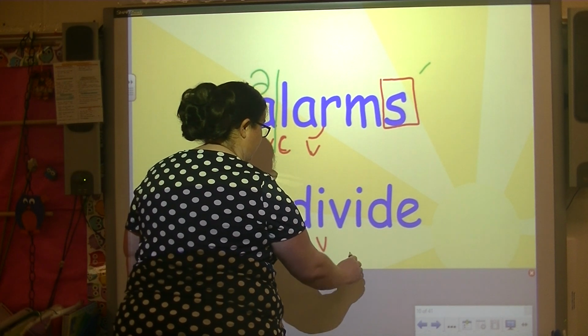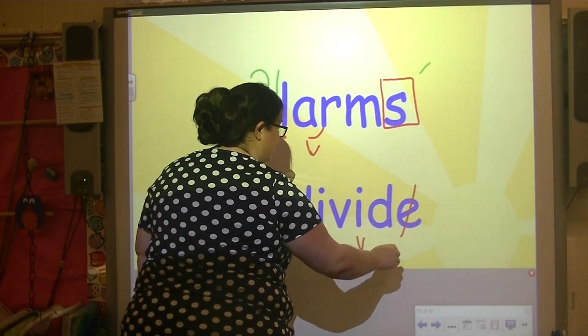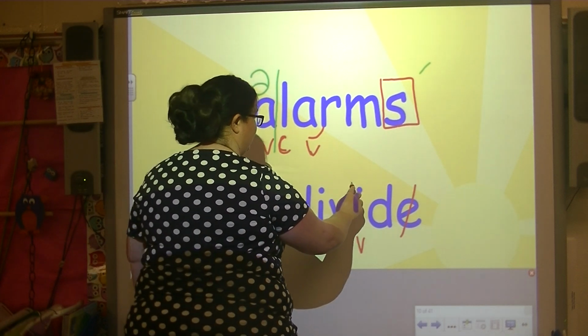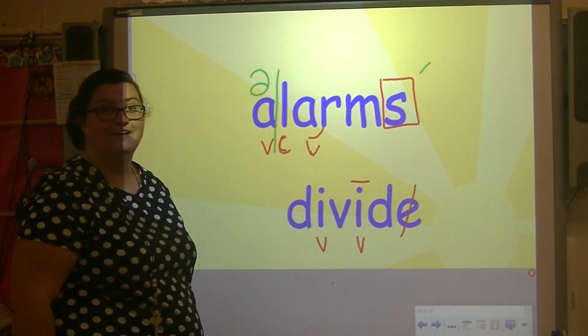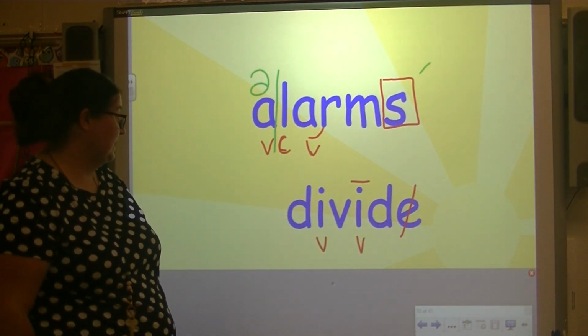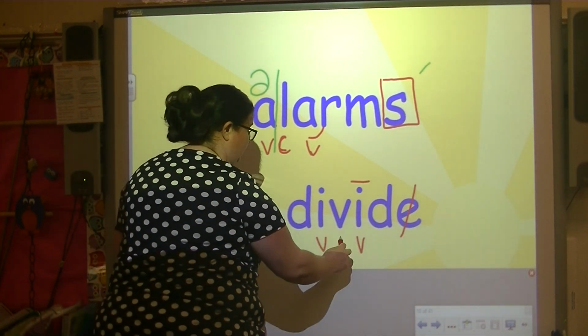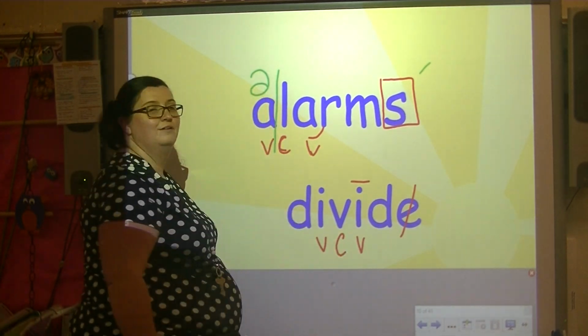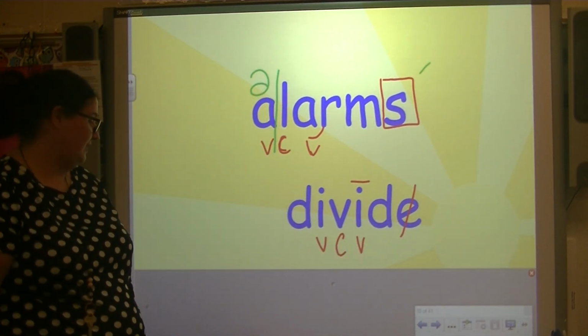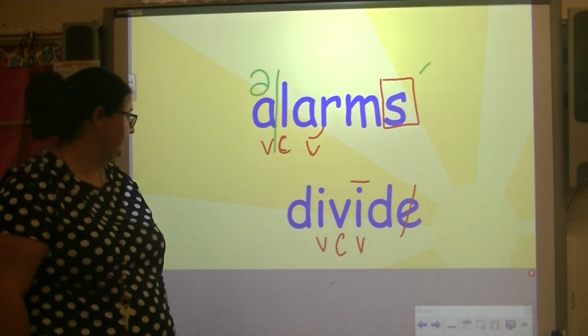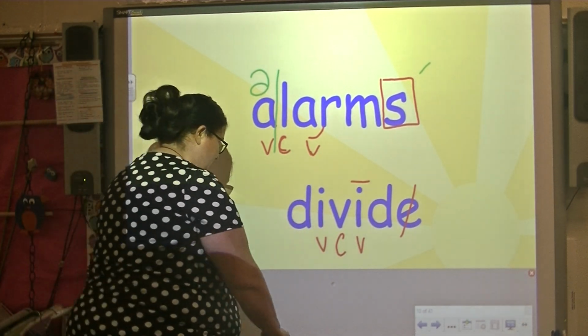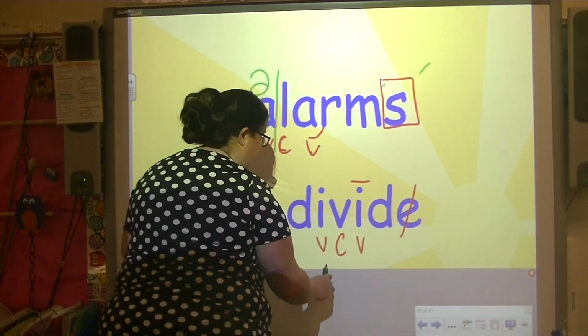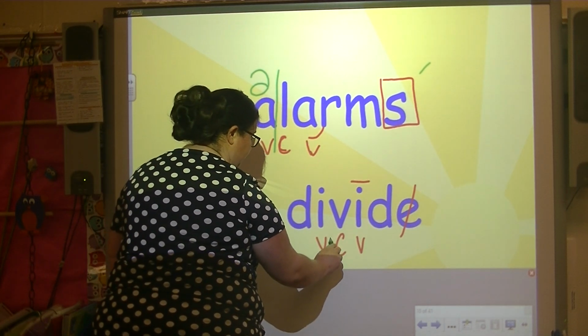So a vowel here, this is sneaky. So we know this vowel is going to make a long sound. In between we have one consonant, right? We're going to divide after our vowel.